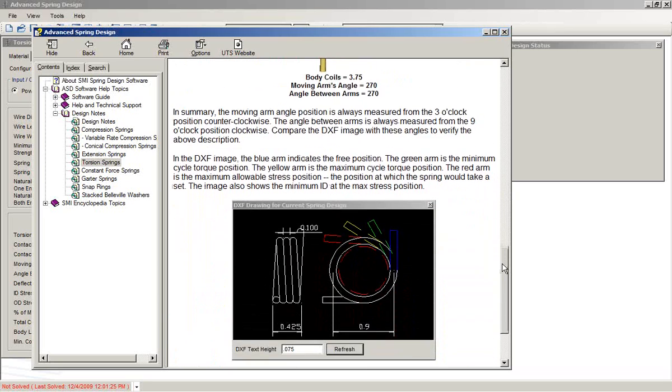A nice summary here. The moving arm angle position is always measured from the 3 o'clock position counterclockwise. The angle between arms is always measured from the 9 o'clock position clockwise. And of course we also get the DXF image as well as those 3D images for these arms angles.